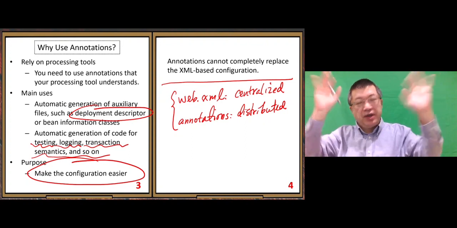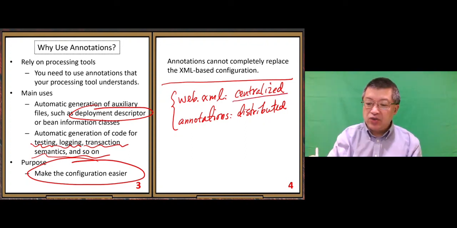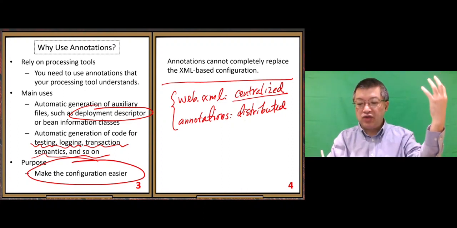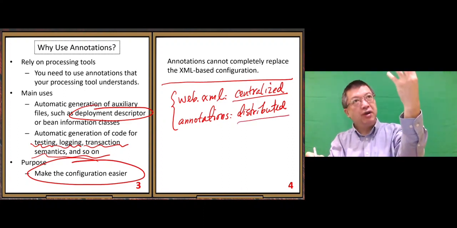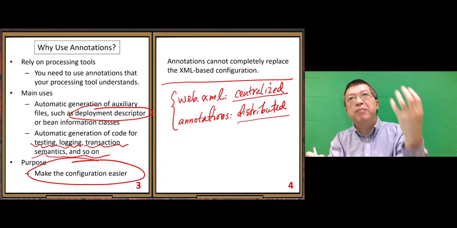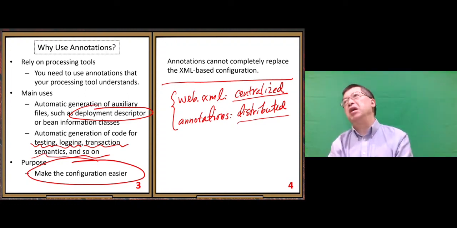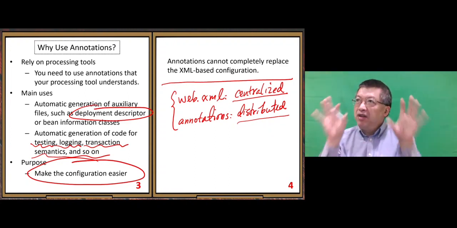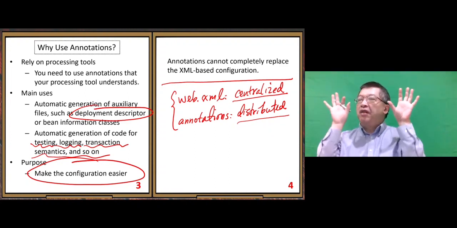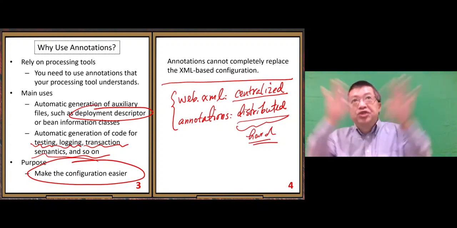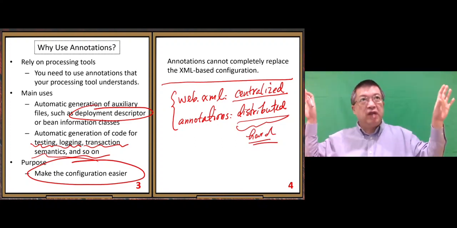So you can see the centralized way has a lot of advantages. The distributed way has its own advantages, but at the same time, it also has its own disadvantages. Because when you want to modify your configurations in the distributed way, it is very hard to modify. Think about it, you have hundreds of Java classes.